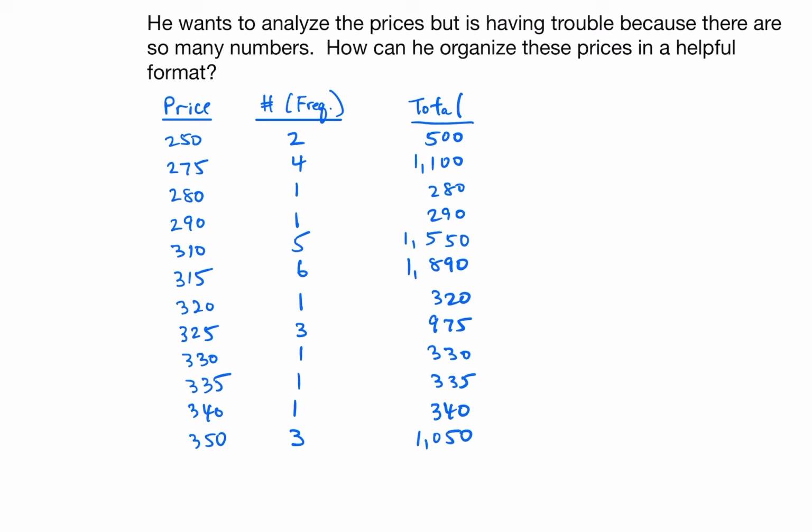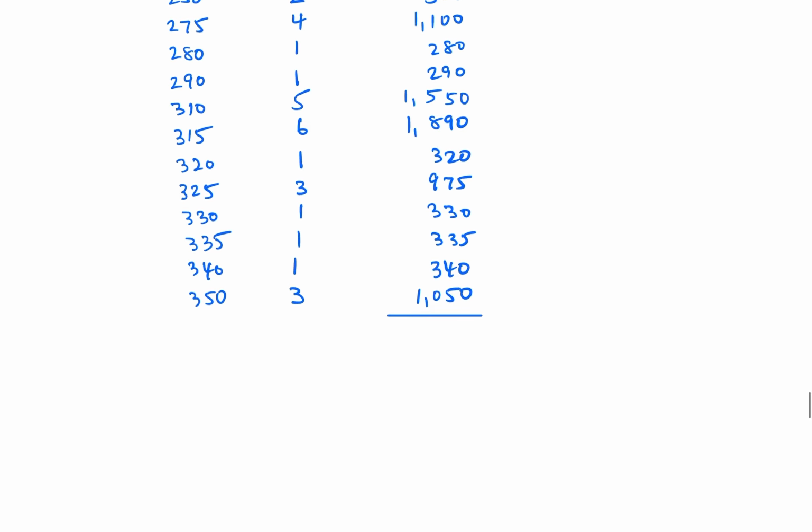1,050. So now what we can do is sum all these up, and when we do, we get 8,960, I believe. And then we're going to divide 8,960 by 30, because there are 30 pricings, and that works out to roughly $299.